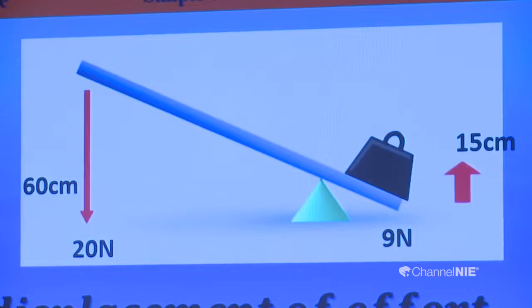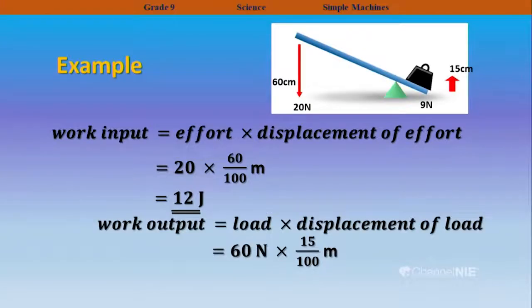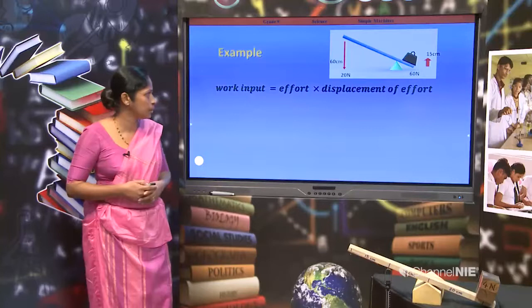So, load is 60 Newton. A machine exerts a force, or the machine does work, again backwards. That means the machine gives out work, that is called work output. Work input as well as work output can be calculated using this equation.